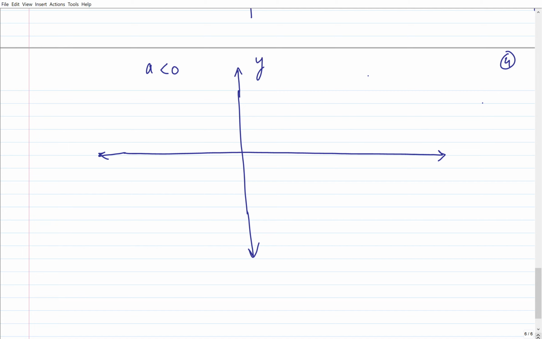I have y, I have x. I don't have a fixed point. But still, one can do a Jacobian analysis. So still the vector field looks like this.